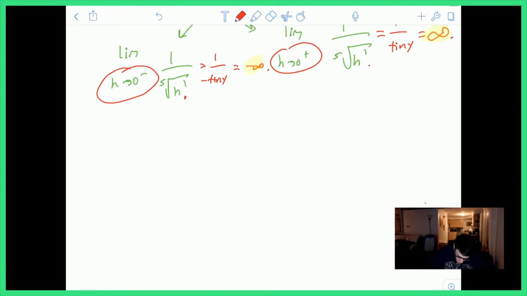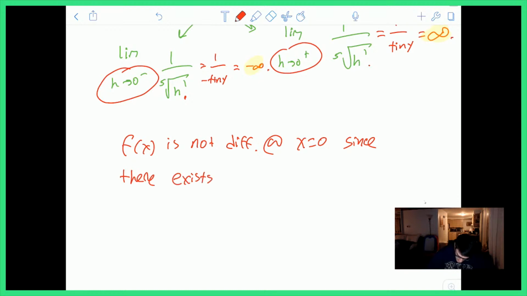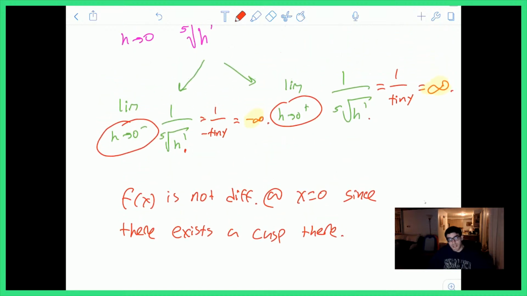So we would say that f of x is not differentiable at x equals 0 since there exists a cusp there, okay?